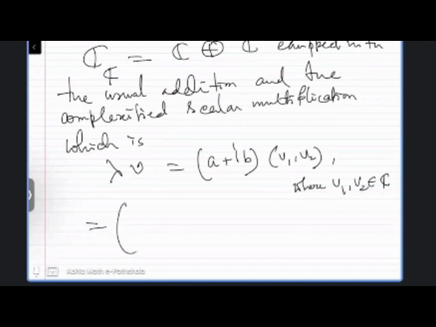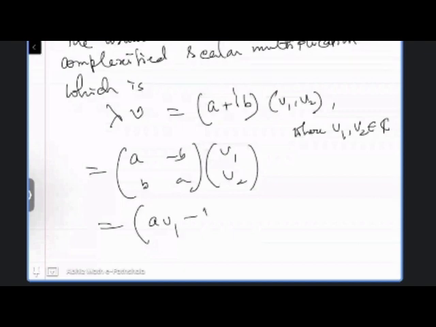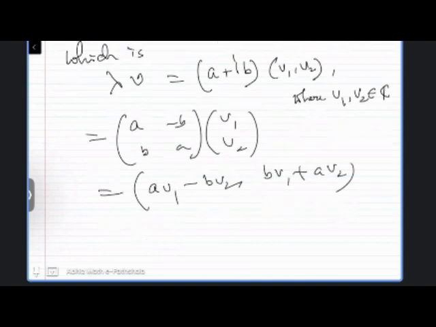Using the same procedure as above, you can write it down as (a v1 minus b v2, b v1 plus a v2). So this is the complexified scalar multiplication, and with respect to this, C_C will form a complex vector space, which is the complexification of the real vector space C. Right?